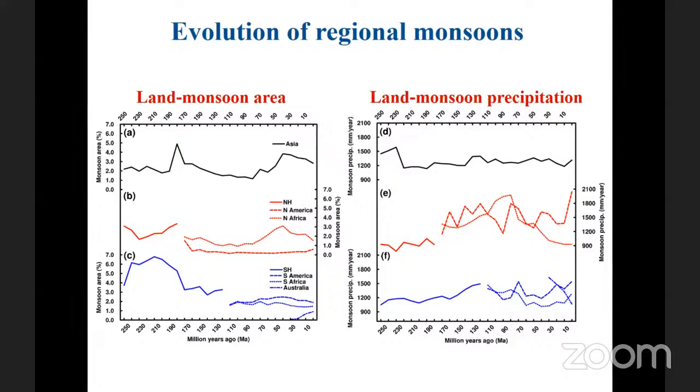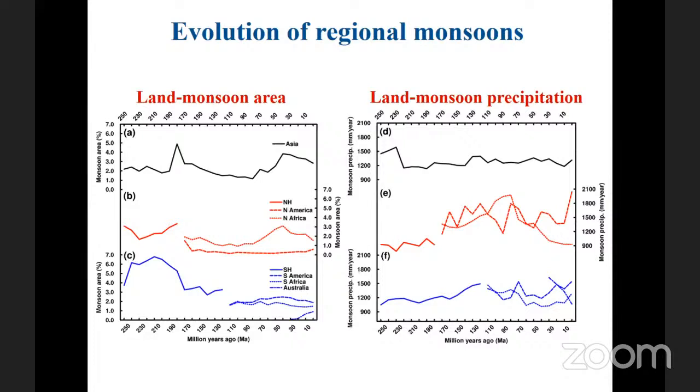Then when the continents are breaking up, the Asian monsoon doesn't change, still remains. However, the North American monsoon and the North African monsoon separated at about 170 MA. The southern hemisphere, at the beginning, there is only one monsoon region.